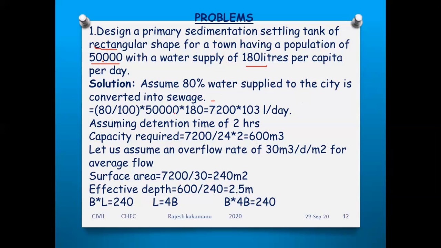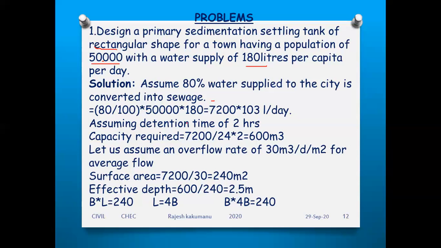So 50,000 into how many liters? 180. So 80 by 100 into 50,000 into 180 is equal to 7,200 into 10^3 liters per day.